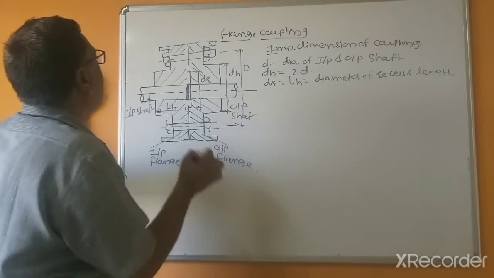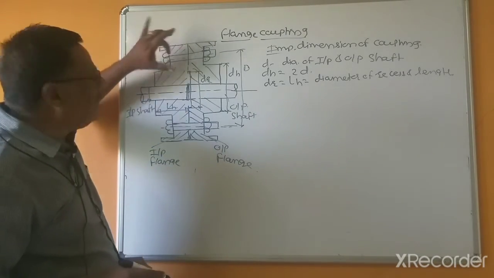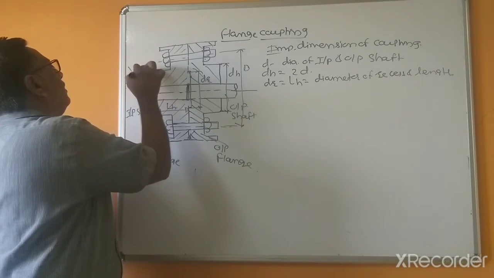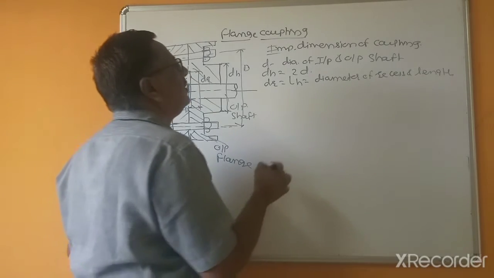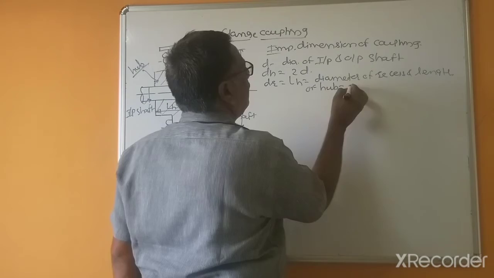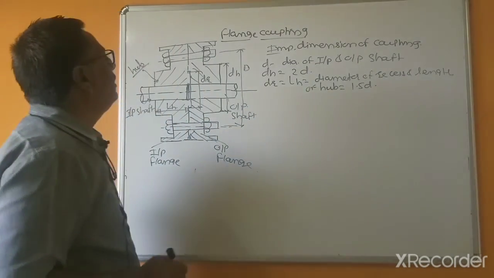This part is called the hub, and this is the flange. Try to understand, this is the hub of the coupling, and the length of the hub is equal to 1.5 times d. This is standard.